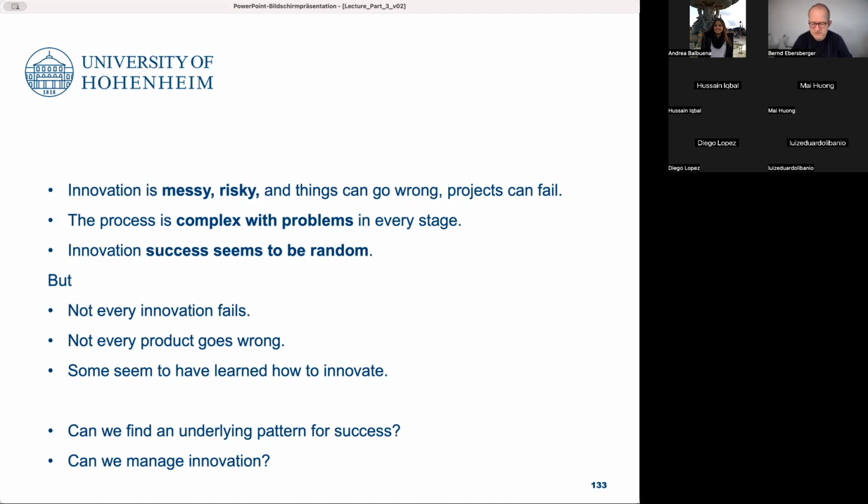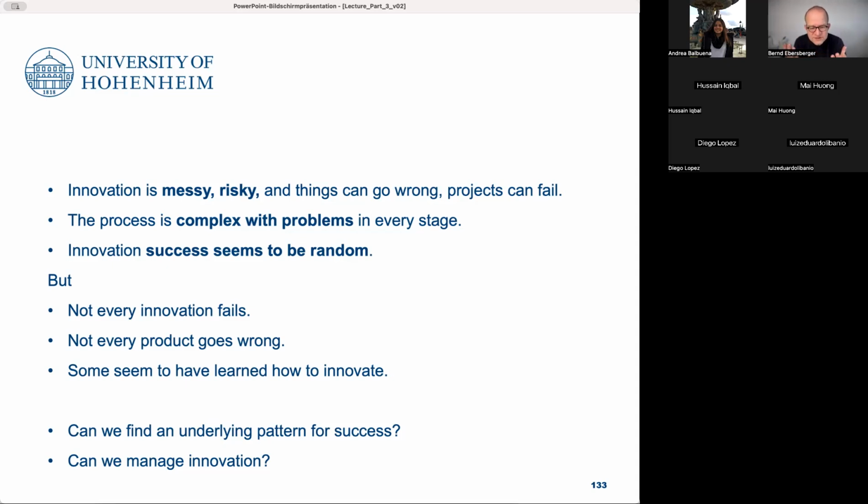Meta certainly also has its failures in the processes and in the services that they offer, but of course they have learned how to innovate on a continuous scale. So innovation doesn't seem that random.